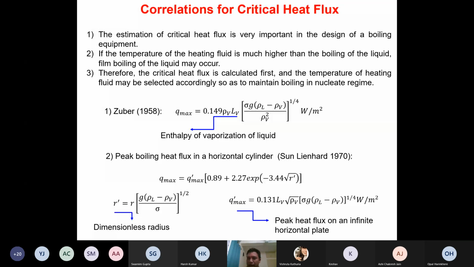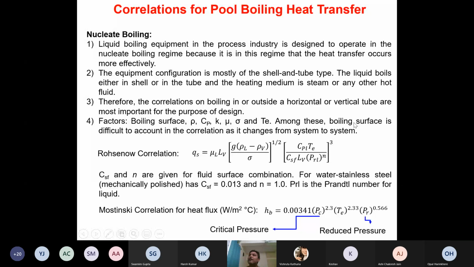Remember, here the Rohsenow correlation is only going to give me QS, but whether this QS is below a critical value of Q or not, that is important, because we want to design the heat transfer equipment in order to stay below the critical value of the heat flux, isn't it? Okay.